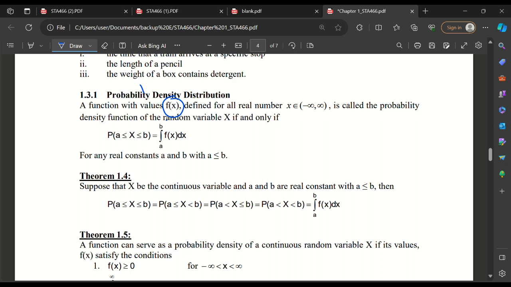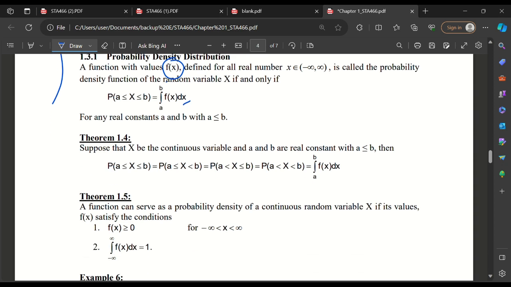So maksudnya kat sini, kalau nak cari probability of x from a to b, we need to integrate the PDF function tadi, fx, with respect to x, okay, from a to b.